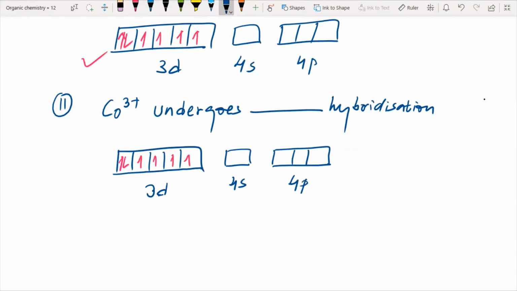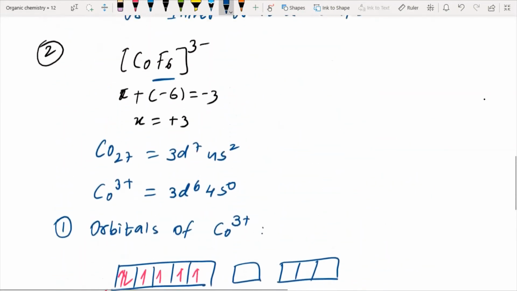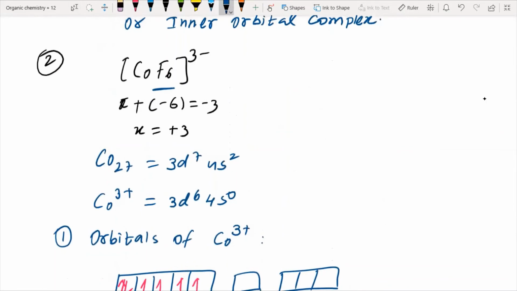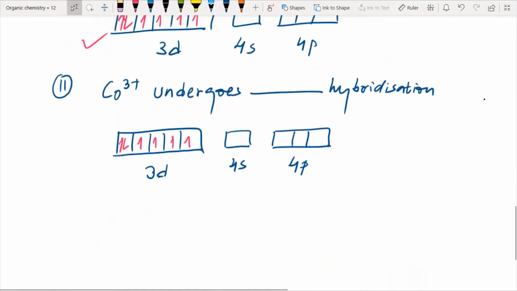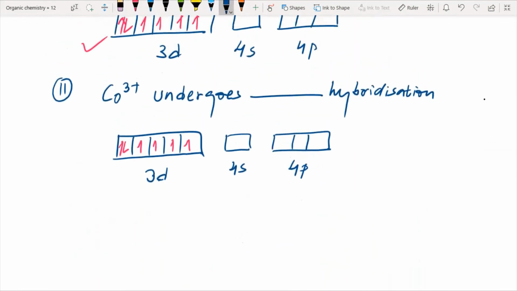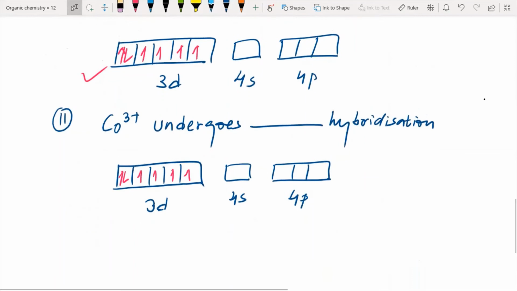But we require 6 vacant orbitals. Why? Because the fluoro ligand donates in all 12 electrons to cobalt, and for that we require 6 empty orbitals.